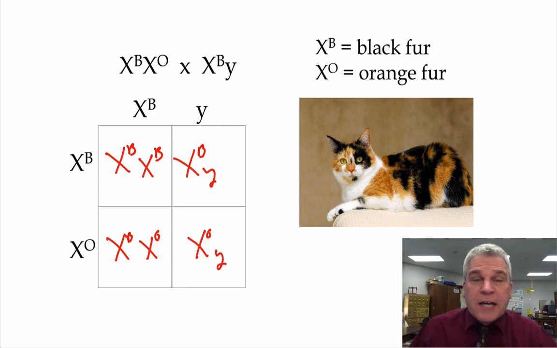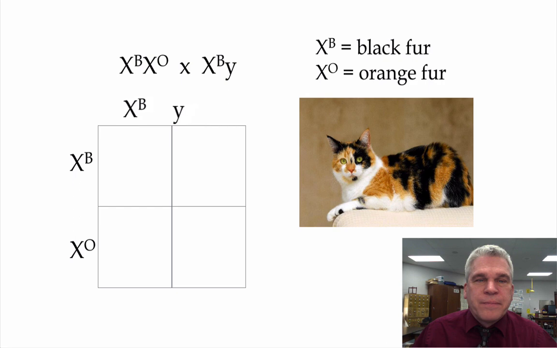So notice the possible offspring. You could have a black female cat, a black male cat, a calico female cat, or an orange male cat. But what if non-disjunction occurred?